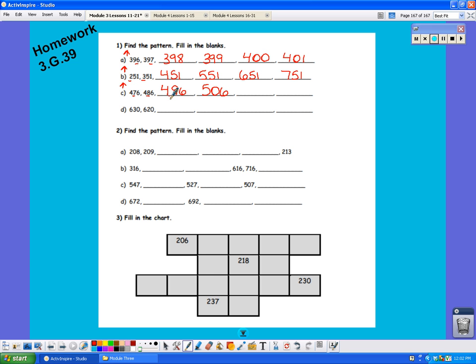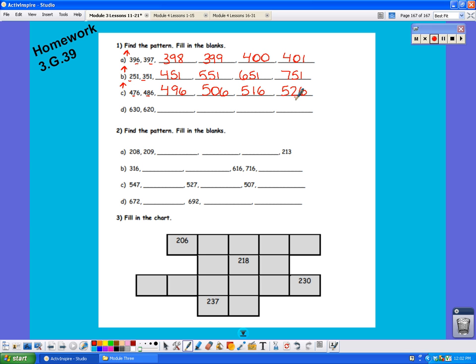Or you can look at it as 49 10s, 50 10s. So let's continue counting. 506, 516. So we have 49 10s, 50 10s, 51 10s, and if we continue counting that way, we'll have 526, 52 10s. Now let's look at letter D.